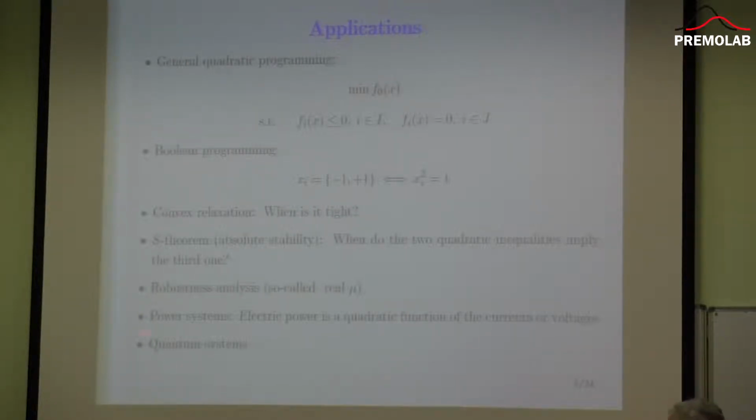And another surprise for me was that the same problem arises in quantum theory. I don't understand anything, I'm not a physicist, so I'm unable to say anything about quantum systems and so on.